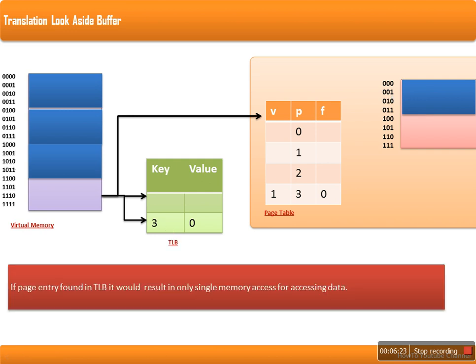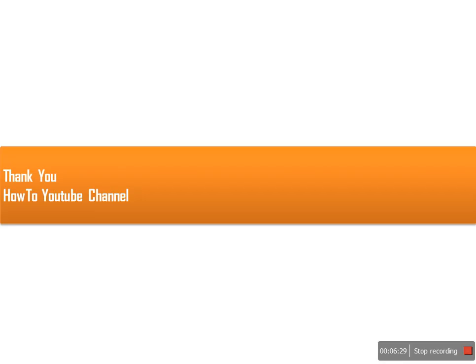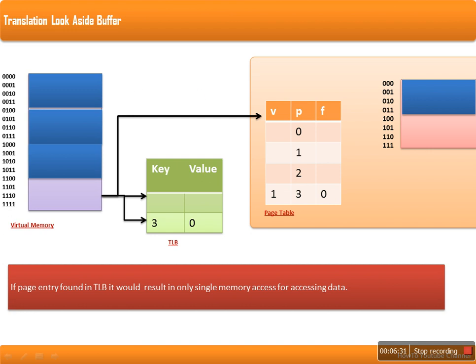Now let's say, in the case of a page entry found in the TLB, we want to look for the address 1110. The page number is 11, which is 3.